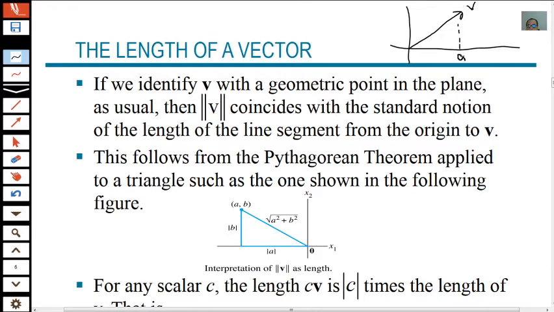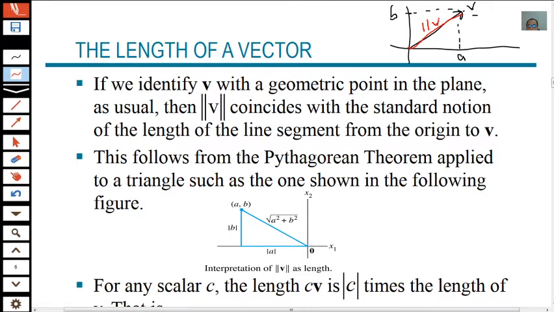This is a, and the second component is b. And the length of the vector v will be the distance from the origin to the terminal point.